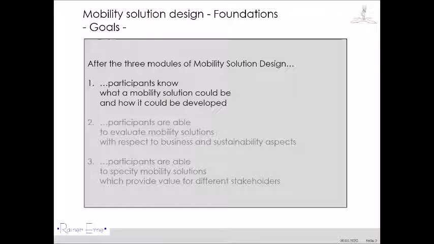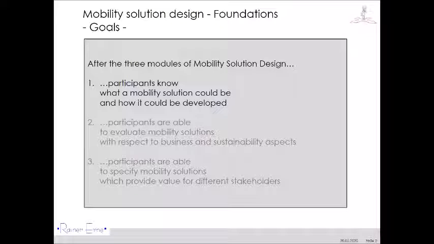And in the third semester, the focus will be on specifying mobility solutions. That means what could be methods in order to design, to specify a mobility solution which provides value for different stakeholders.